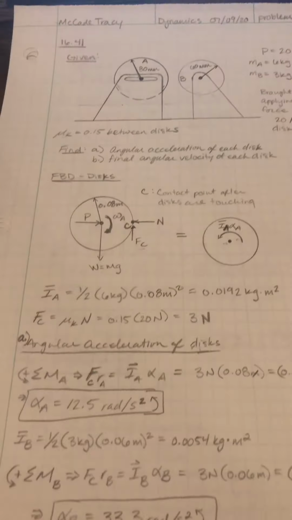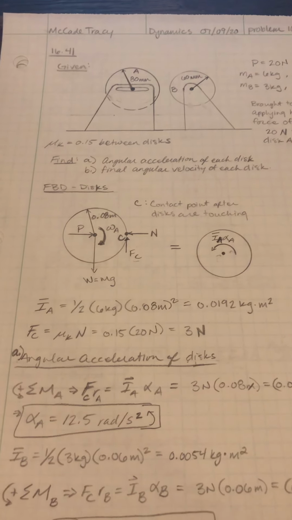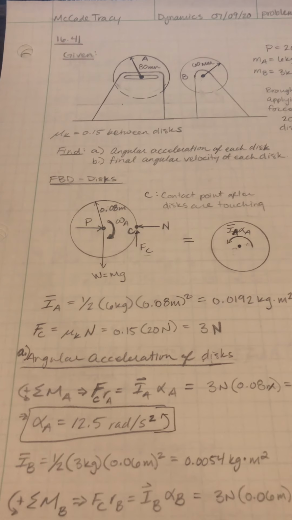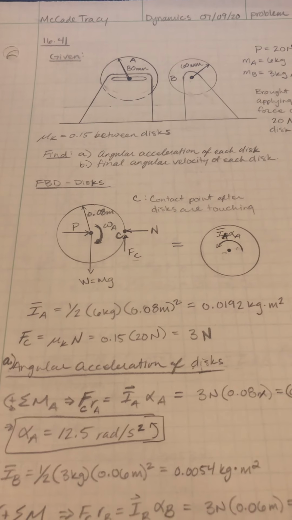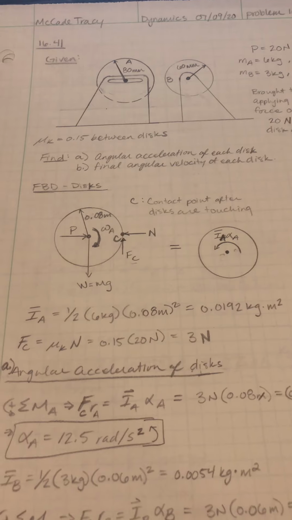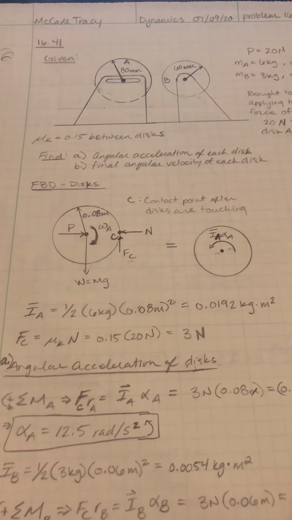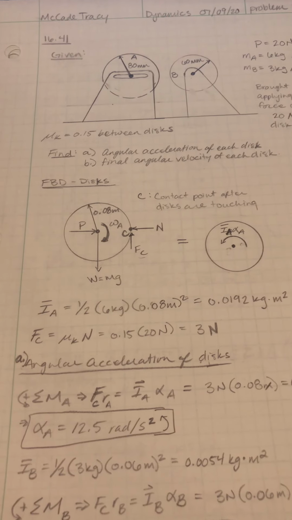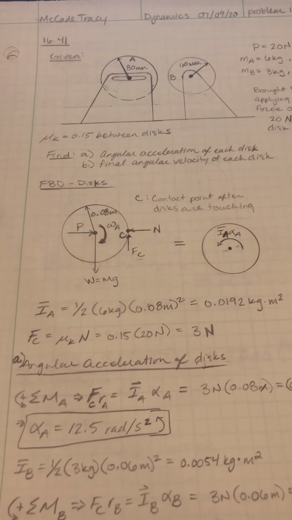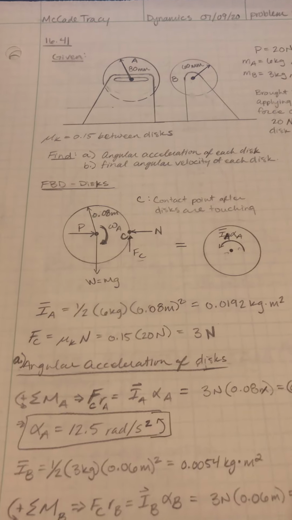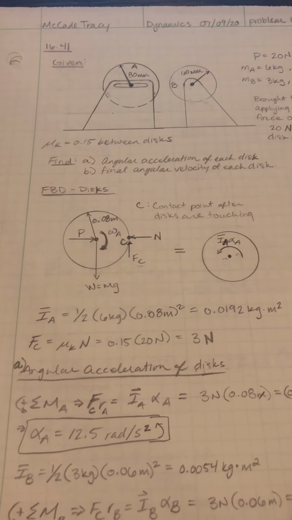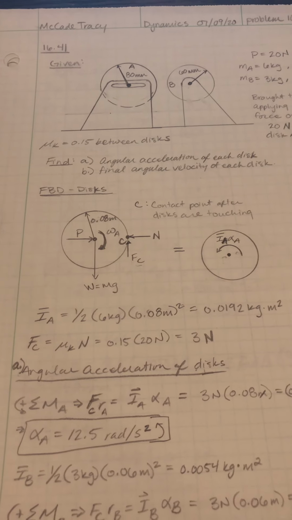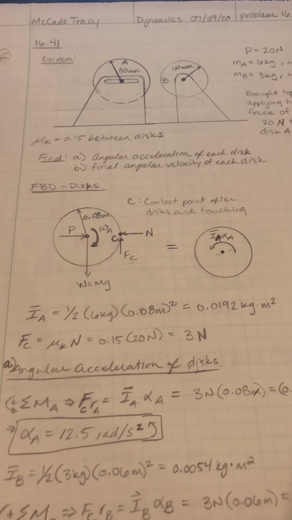Okay, so we have the moment of inertia of disc A is equal to 1/2 times the mass multiplied by the radius of the disc squared. And we also can find the force at the contact point as we take 0.15 times the 20 newtons, as that is the normal force as it's pushing back against the horizontal force, 20 newtons.